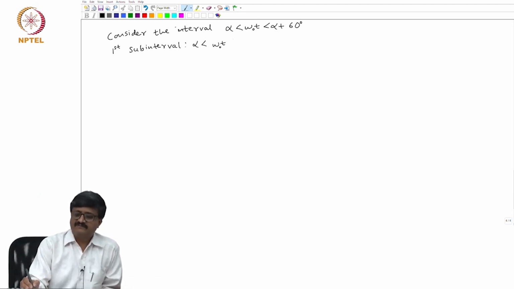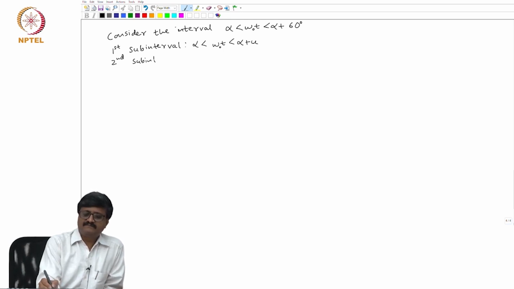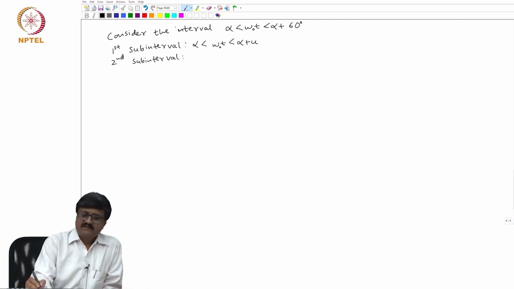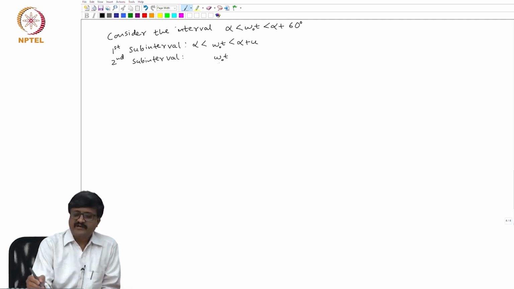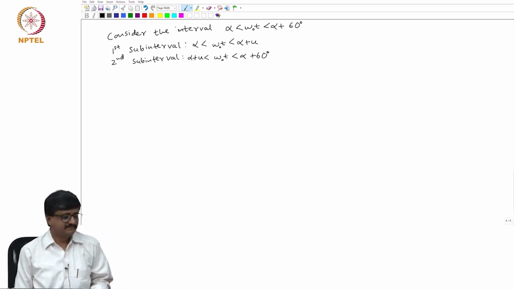Alpha to alpha plus u. If I take the second subinterval, it is omega t taking values between alpha plus u and alpha plus 60 degrees. Okay.